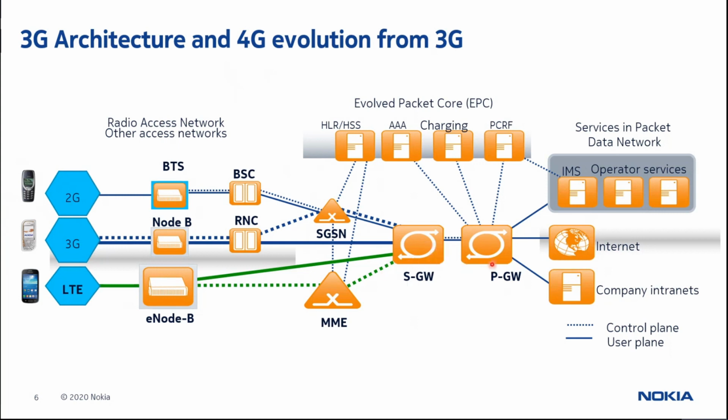This combined entity, SGW and PGW as we call it, can be considered a combination of a gateway, a router, and a firewall, because it hides the internal network and ensures that this hiding of the internal network is done towards the external world.